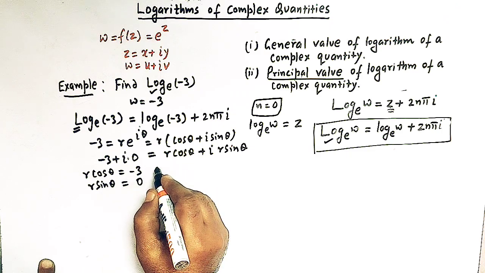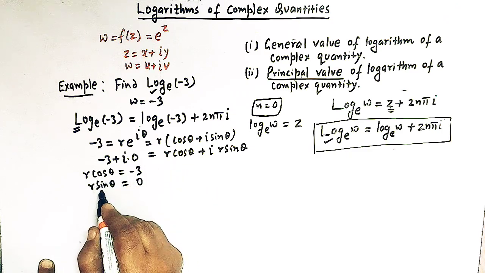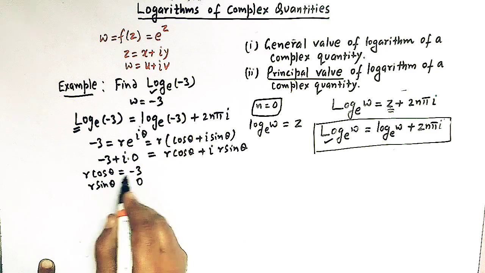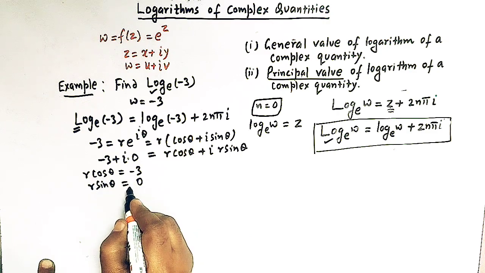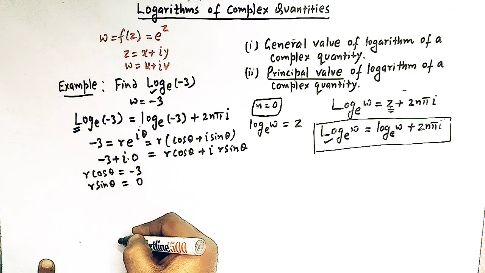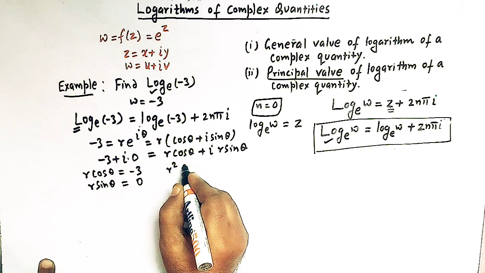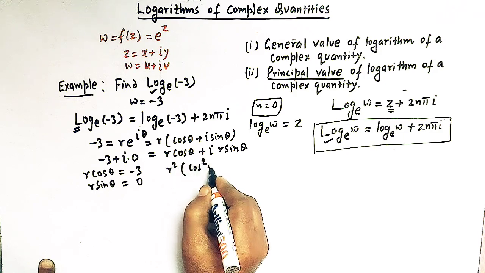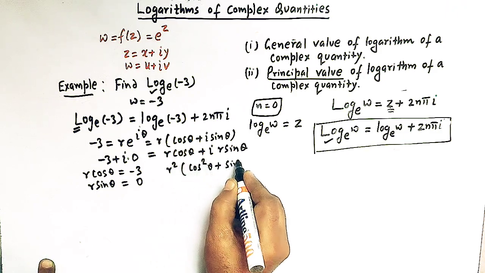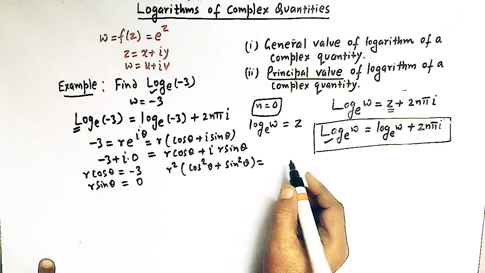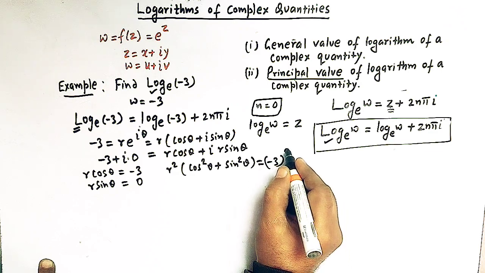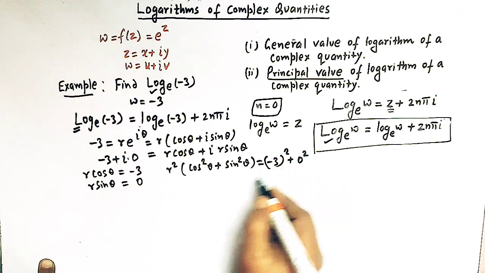And we know that if we take the square of both sides in these two equations and add the equations, we have r square times cos square theta plus sine square theta is equal to minus 3 square plus 0 square.